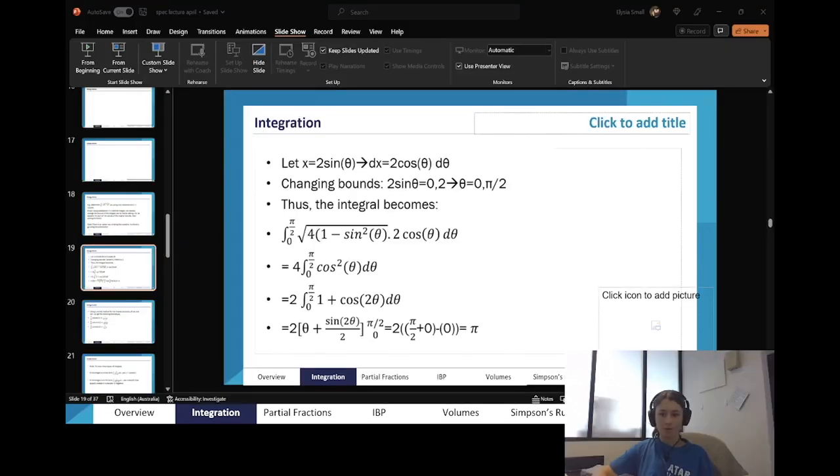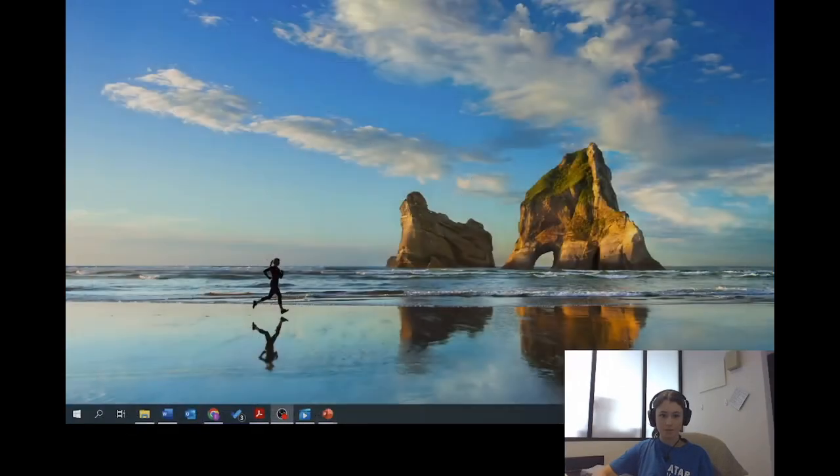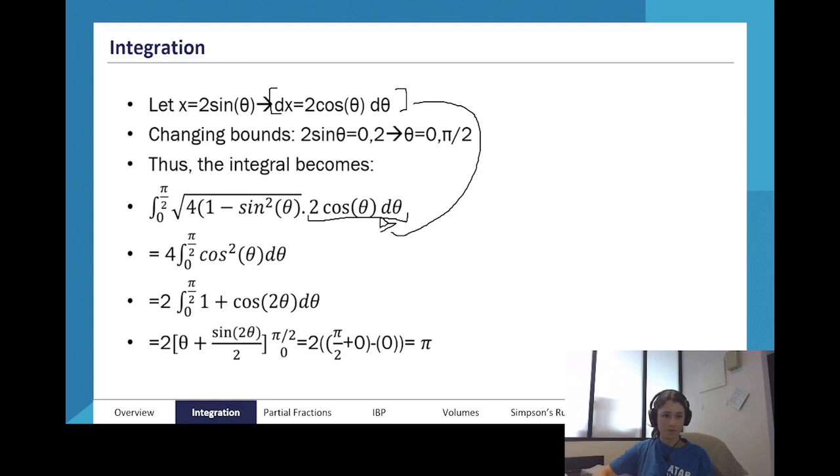So what we did up here is we simply subbed it in and then factorized out the 4. Then from here into our next step, we recognized the Pythagorean identity.